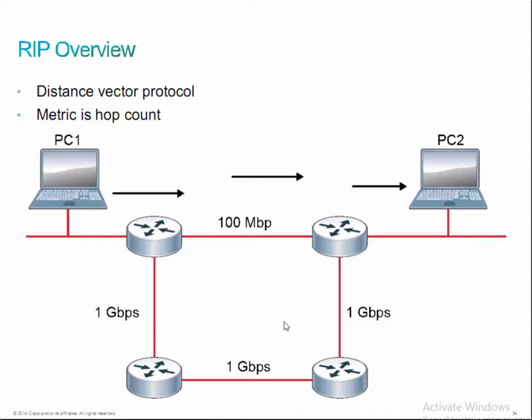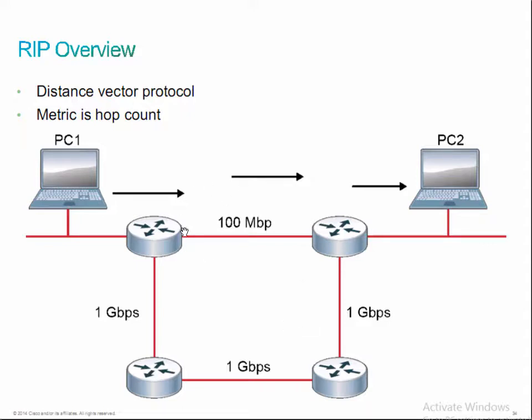All right. Also, RIP does not scale well. It only goes up to 15 hops. 16 hops becomes unreachable. So from a scalability standpoint, RIP is somewhat of a limited routing protocol as well. In addition, RIP uses hop count as a metric.